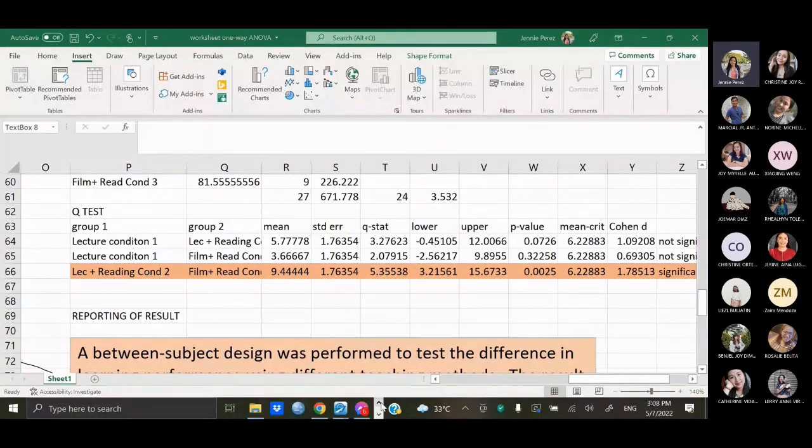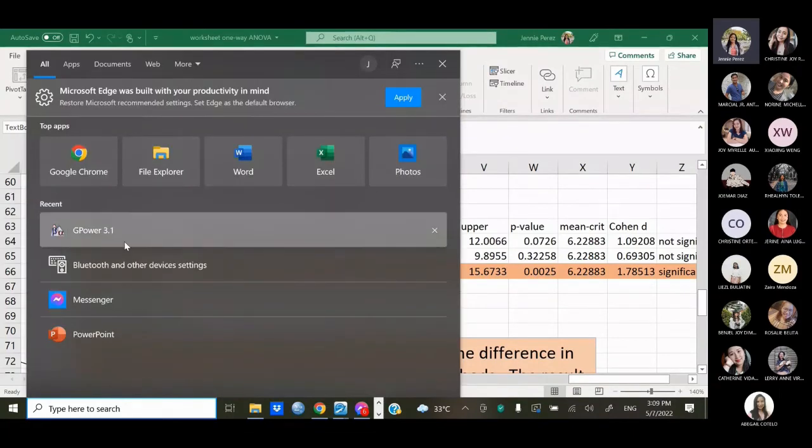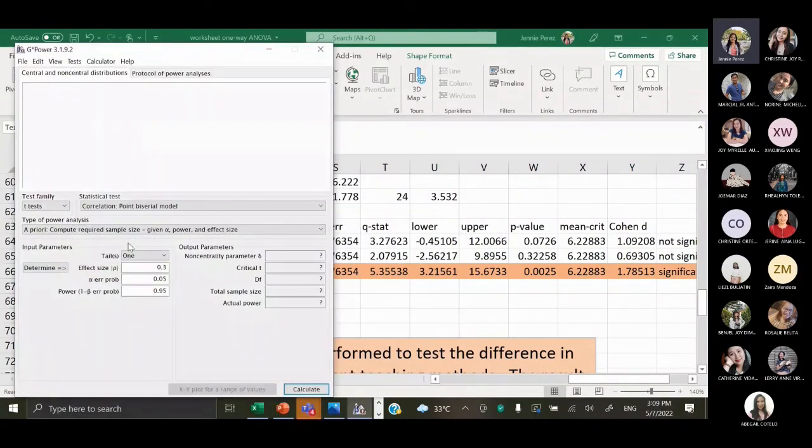Okay, how do we know pala how many samples? By using the G power, if you plan to use a one-way analysis of variance, you use the G power. So we have the F test. This should be a priori. Before you conduct the study, you should determine already how many samples you need.